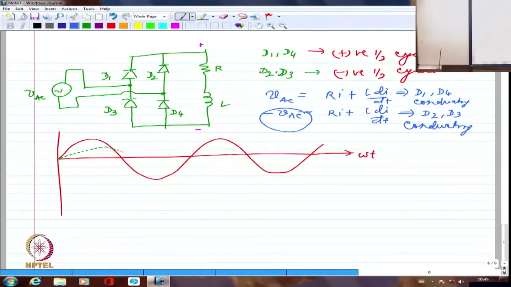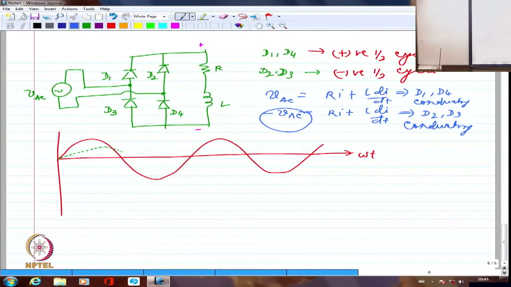I am having IR value, let us say, at 20 volts. VAC is just starting out from 0 volts and it is going towards 10, 20 and so on. If it happens to be only 10 volts, it will not be able to fulfill really the requirement of the resistance. So it has to borrow from the inductance. So whenever it is borrowing from the inductance, the current will still come down.